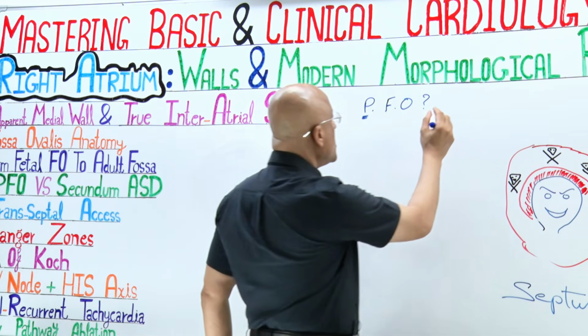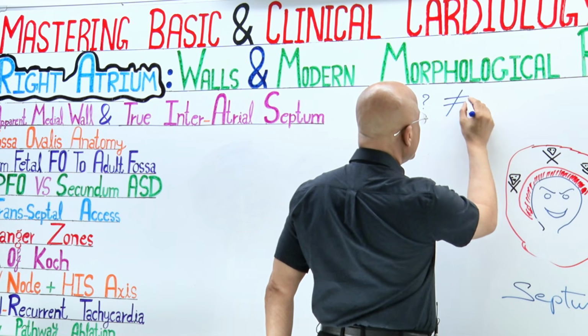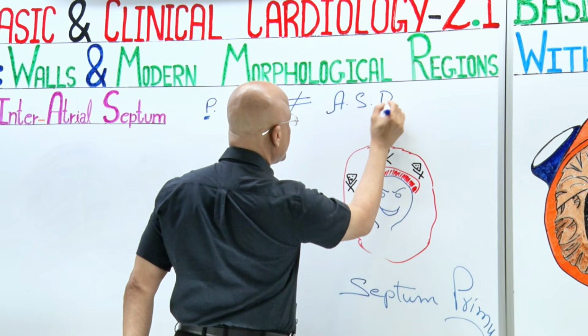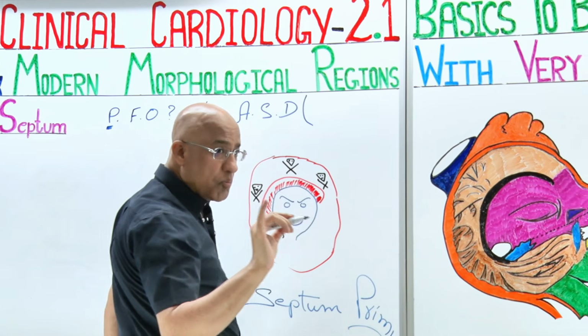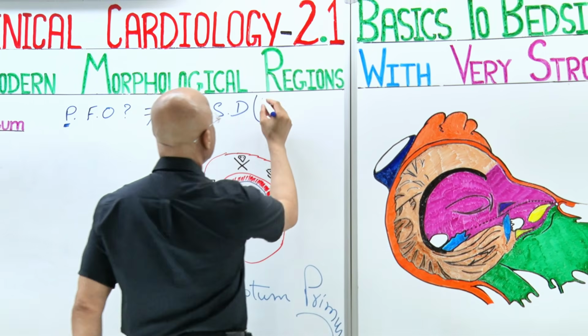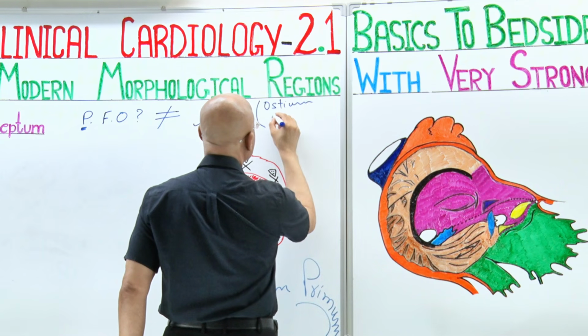Number two, is it atrial septal defect, ASD? The most common atrial septal defect is, yes, ostium secundum.